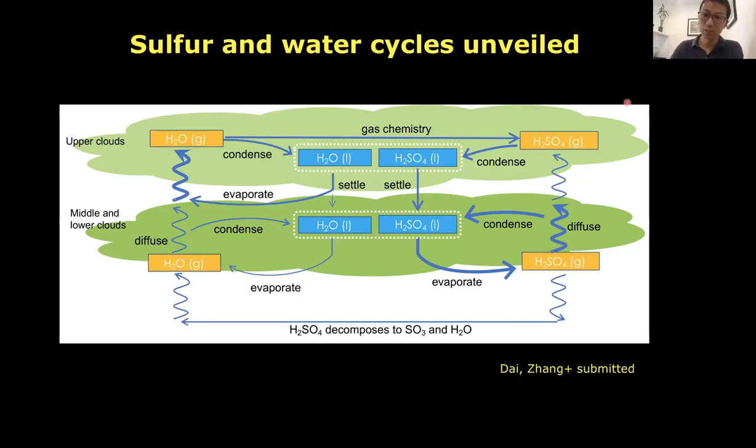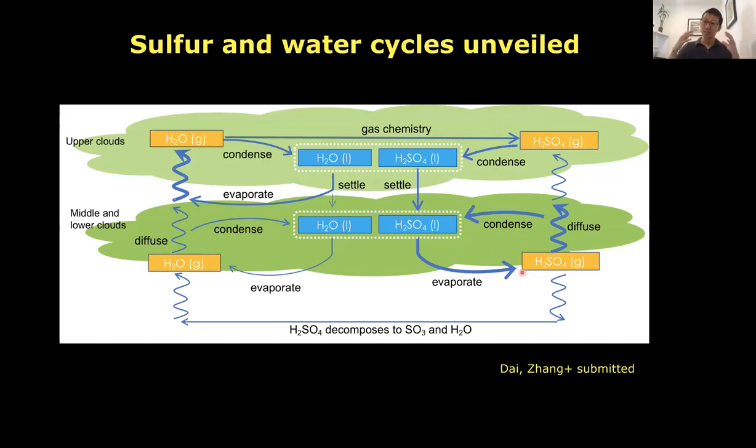And the cycles, what we found is that there are basically big cycles and small cycles. For example, with sulfuric acid, you have a big cycle: you form sulfuric acid on top, you sink down and evaporate in the bottom. But most of the evaporated sulfuric acid will be very quickly recycled inside the lower cloud layer and back to the clouds.